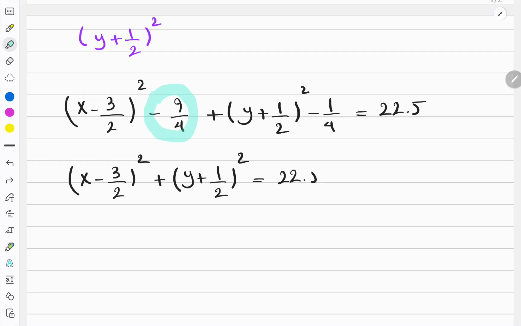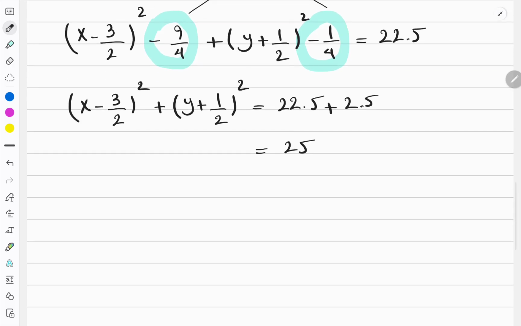the sum of negative 9/4 and negative 1/4 is negative 10/4, which is negative 2.5, and take it from the left side to the right side of the equation and change the sign. So the answer is 25.